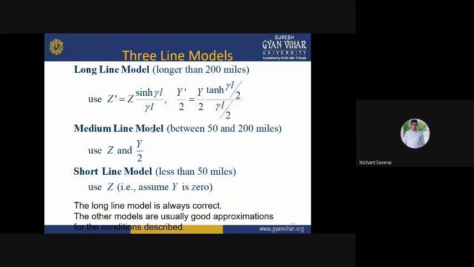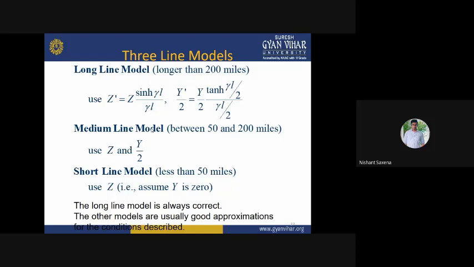Transmission lines below 80 kilometers, or 50 miles, are called short transmission lines. Depending on which model we use for the analysis, we will use Z dash and Y dash accordingly.